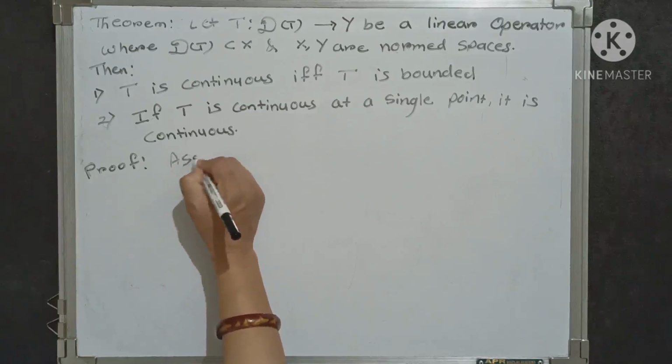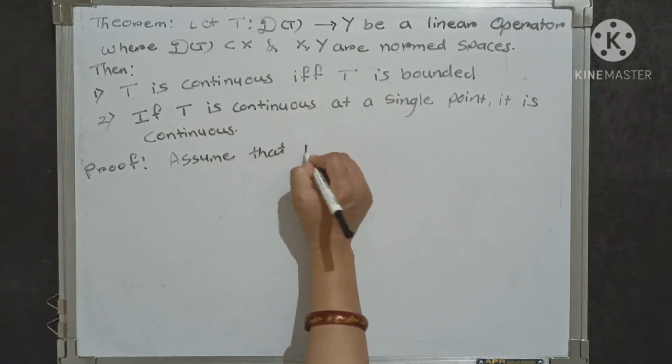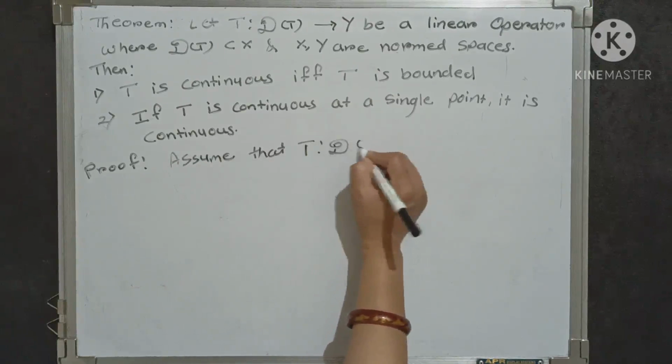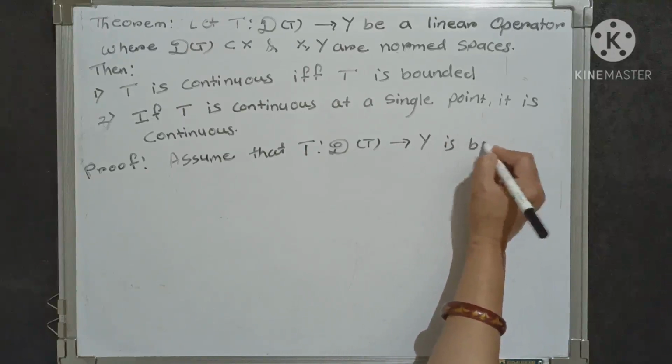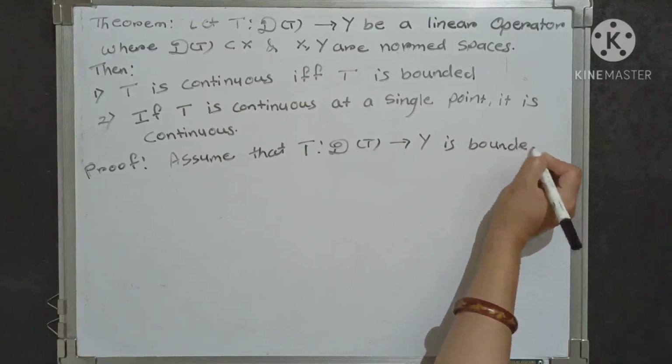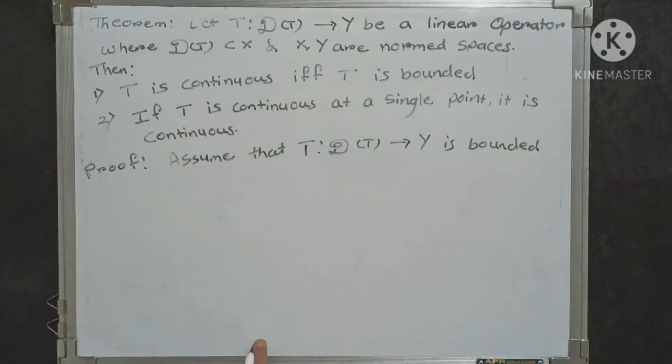Assume that capital T from script D of T to Y is bounded, and as we consider that T is bounded, therefore we have to show that T is continuous.